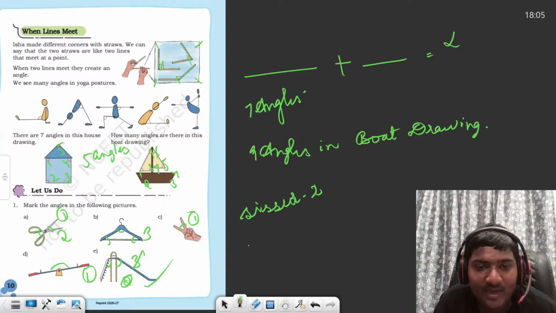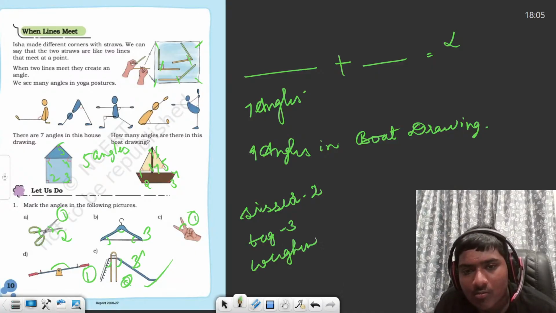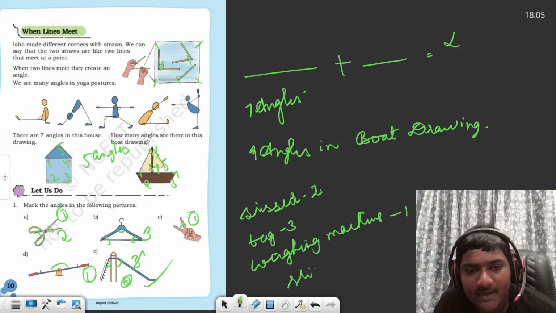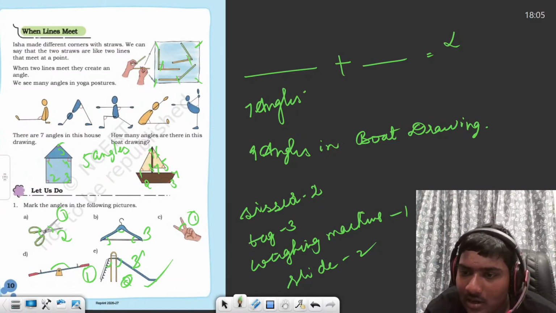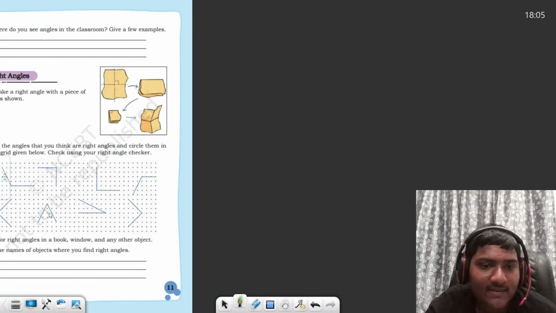Scissor two, and in tag three, weighing machine one, and slide. Very important and very easy question to answer as well.